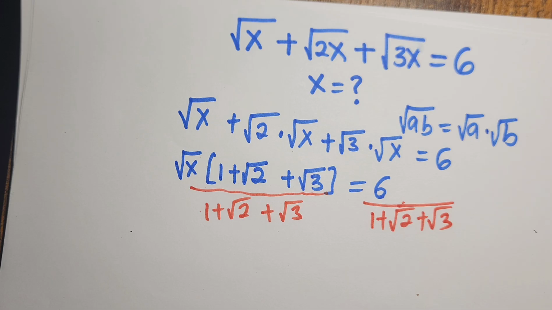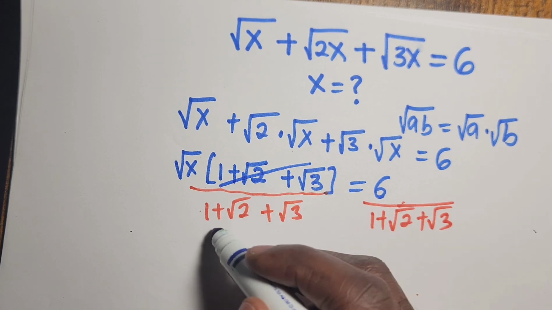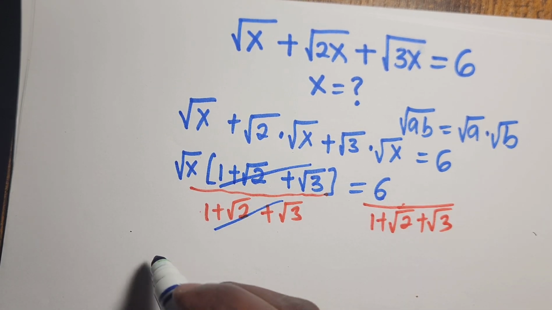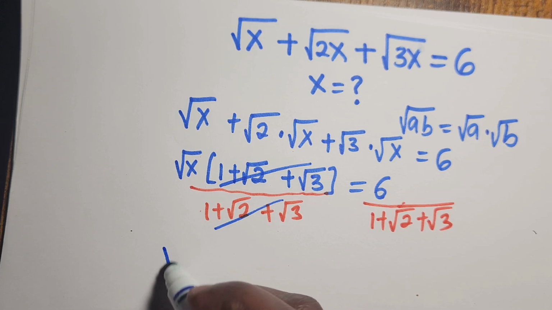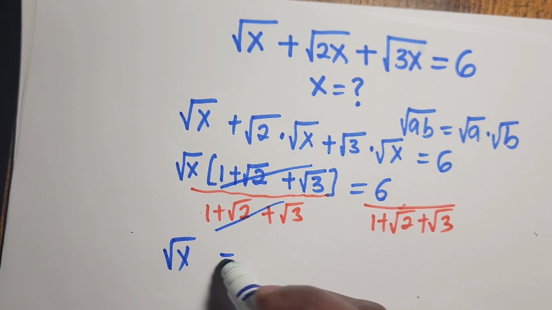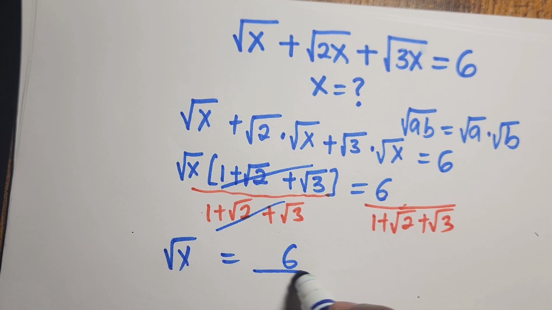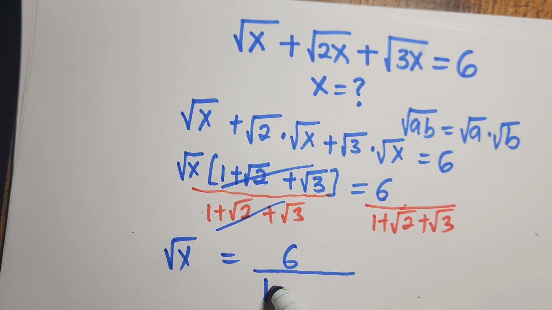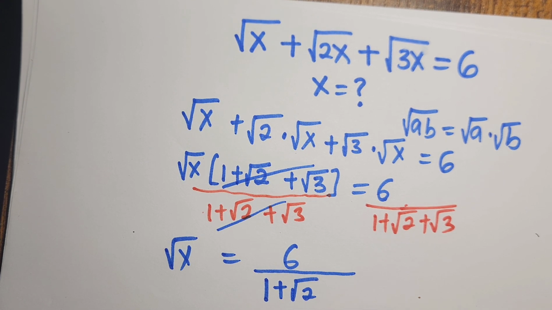And from here, it can be seen that this is going to cancel out this. So on the left side, I'm going to have the square root of x equals 6 divided by 1 plus the square root of 2 plus the square root of 3.